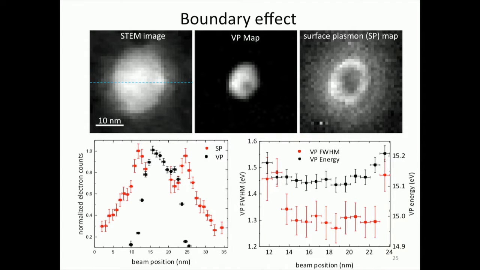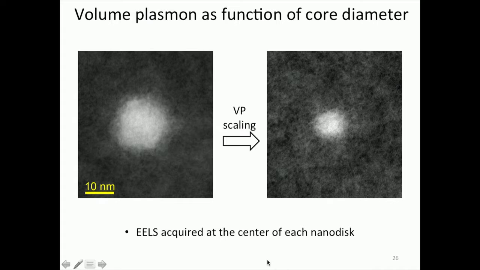So let's keep that result in mind, and now take a look at how the volume plasmon changes as a function of feature size. We changed the diameter from 18 nanometers down to about 8 nanometers, and we acquired the EELS signal very close to the center of these particles.